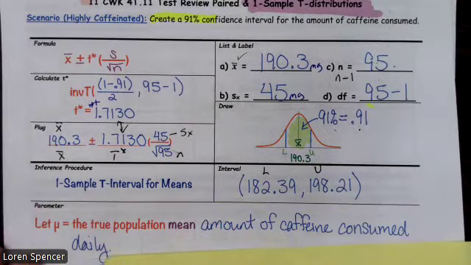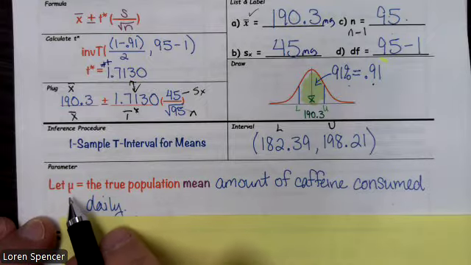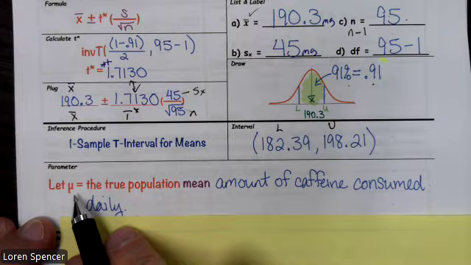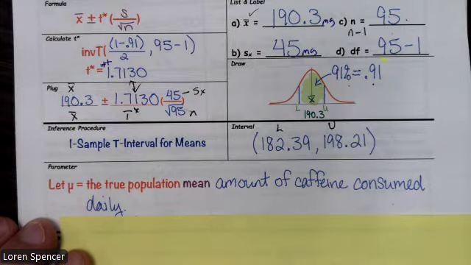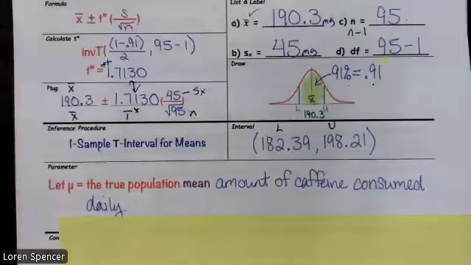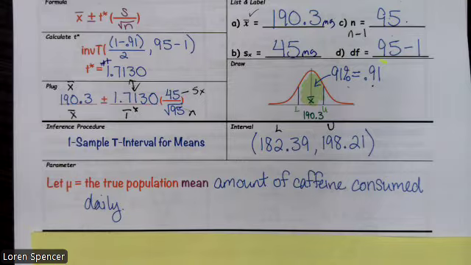All right, we're still going to redefine our parameter even though we've done that previously. Let mu, no D, because there's no differences. We're not doing paired. True population mean amount of caffeine consumed daily. Great. Conditions, if you want to see those, they're in the hypothesis test video. Go watch that. We're not going to do conditions here because we don't want to be redundant.